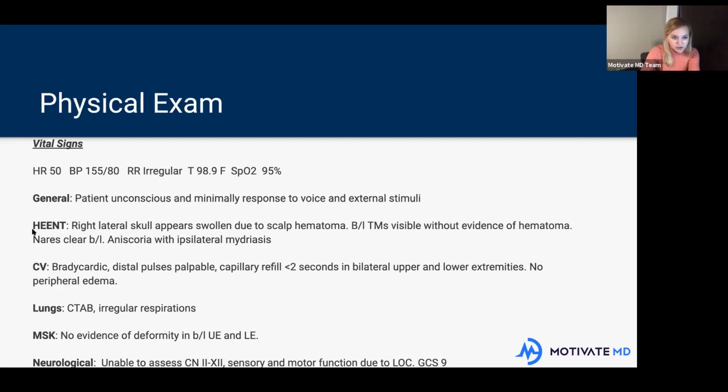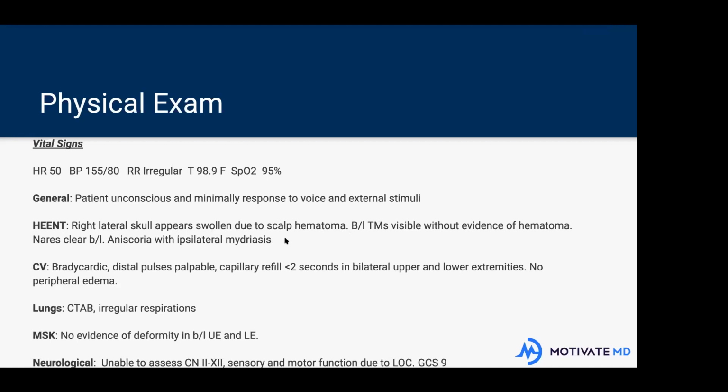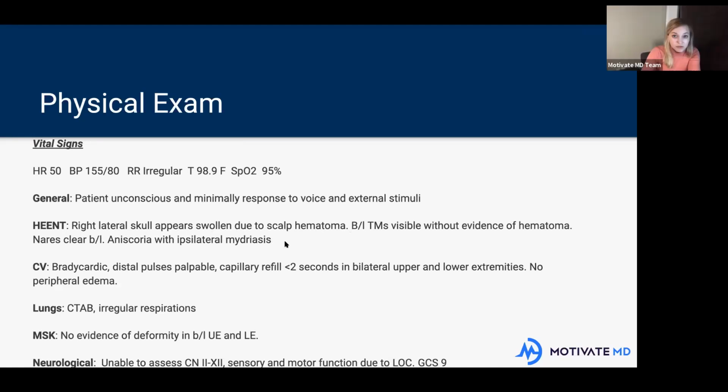All right, moving on to HEENT. So this is basically looking at the neck and up. Right lateral skull appears swollen due to scalp hematoma. Can anybody tell me what scalp hematoma means? Is that like dried blood on the scalp? That's a really good guess.